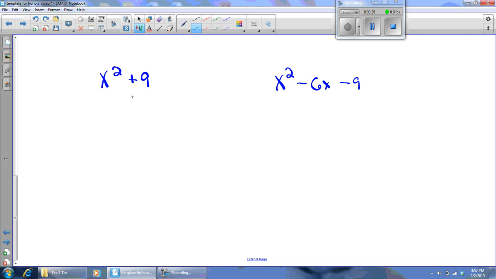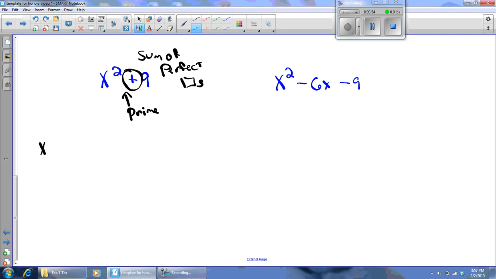Here comes my solution. This one is prime. It cannot be factored. Not no solution, because we're not solving for x. It's prime. But Mr. Lawrence, it's the difference of perfect squares. It is not. Do you see a subtraction sign? No, no, no, no. It's the sum of perfect squares. But we don't have a pattern that says sum of perfect squares. You cannot factor this.